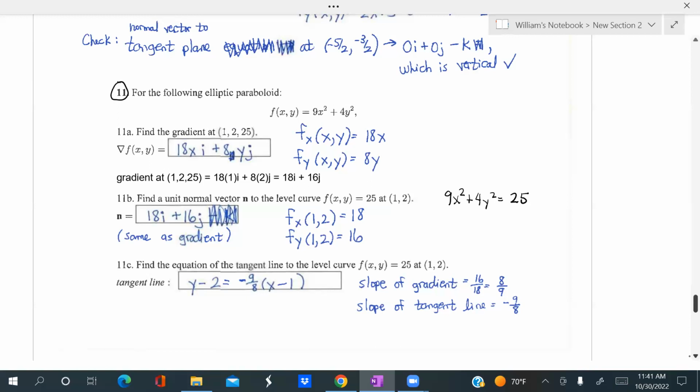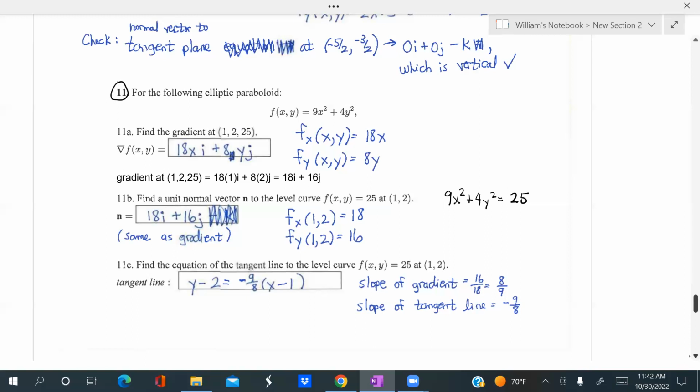All of that is kind of beside the point, right? This is just reminding you what the equation for the level curve looks like. But what you want to remember is that the gradient vector will be perpendicular to the level curve at a given point.